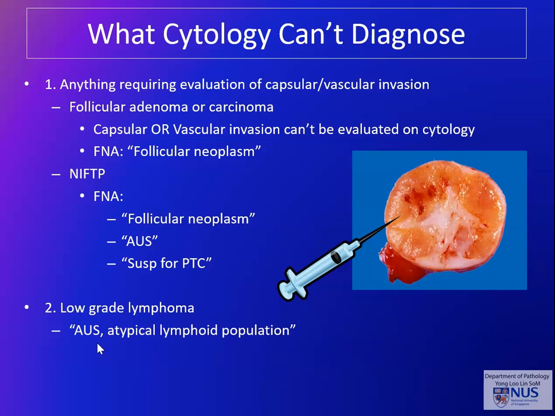So if there is a history of a recently enlarging neck mass, or if there are clinically worrying signs, or if there are too many lymphocytes, we would probably end up putting it into the atypical category, AUS, atypical lymphoid population, and we would probably recommend flow or histologic biopsy.